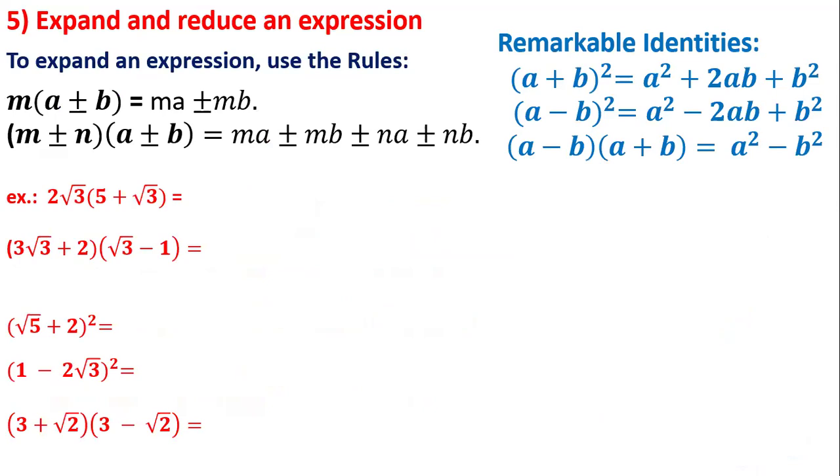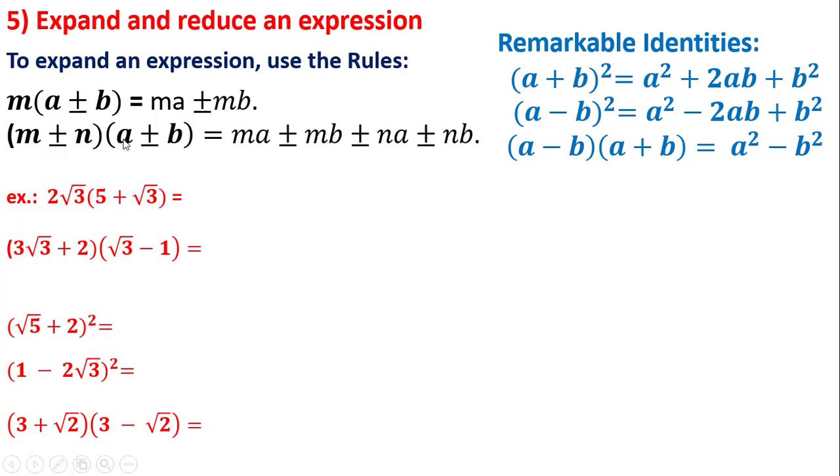Now, how can we expand and reduce an expression? To expand an expression, we use the rules that we studied last year, the rules of expanding. What does expand mean? We should get rid of the parentheses. So I might have m into a plus or minus b. The rule says m times a is ma and plus or minus m times b is mb.